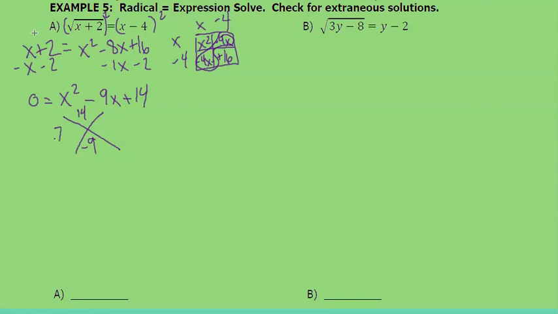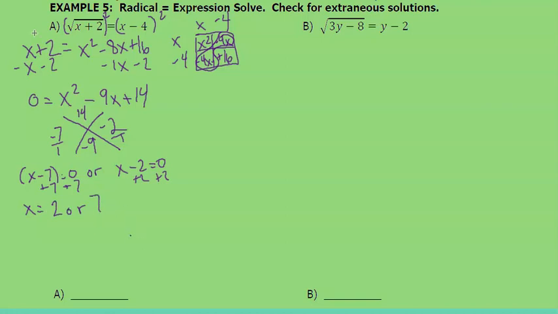The two numbers that work here are negative 7 and negative 2. Divide them by A, which is 1. So then we have x minus 7 equals 0, or x minus 2 equals 0. So then we have the two possible solutions, x equals 2 or 7.